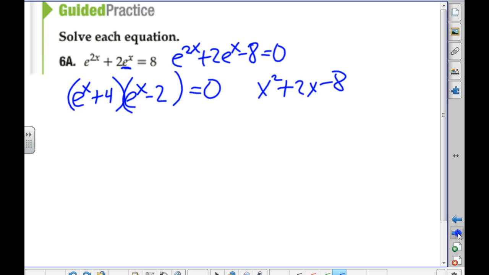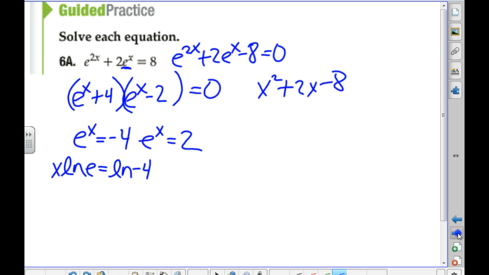So this was my unknown. I just put it here and here. Okay. This gives me e to the x is -4. E to the x is 2. I can rewrite or take the log of both sides. Now, natural log of e is 1.